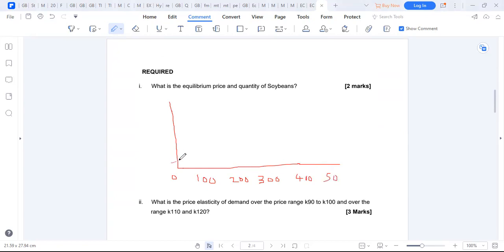Then on the other axis we have 20, 40, 60, 80, 100, 120, and 140. So you can sketch it if you want.